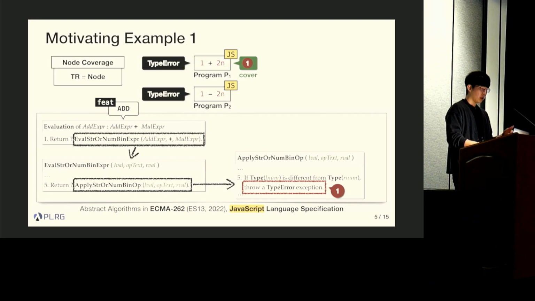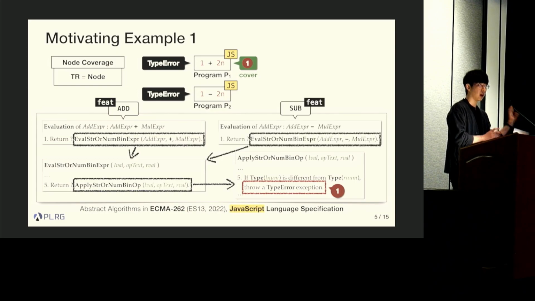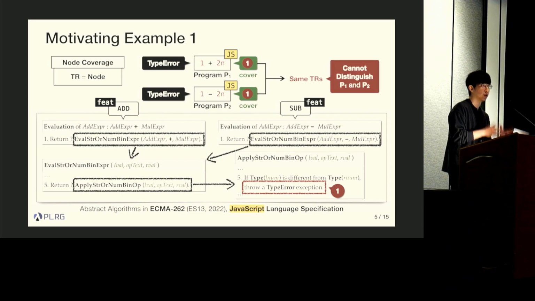It also throws a type error for the same reason. This algorithm describes the semantics of subtraction, and it utilizes the exact same algorithm as a helper function to describe similar semantics. So program P2 also covers node 1. It means that they cover the same TRs, so we cannot distinguish them using only this coverage information.